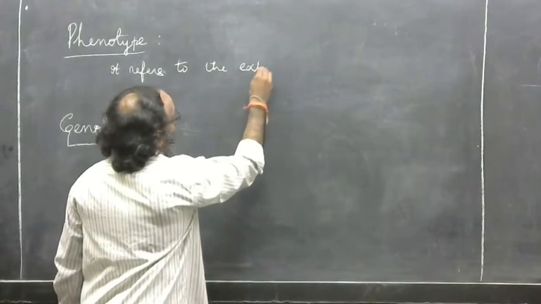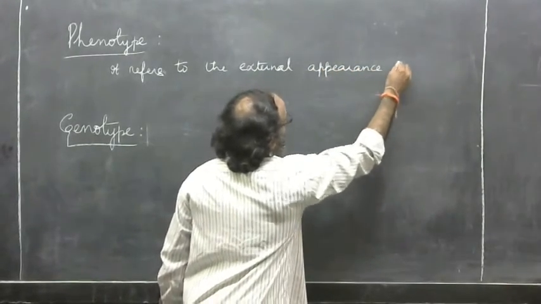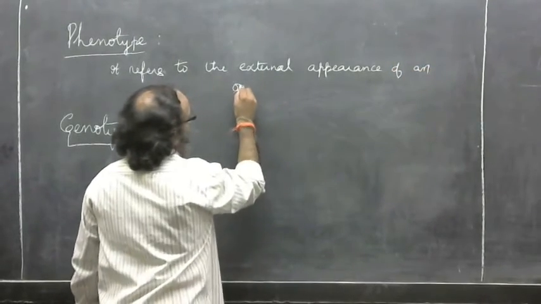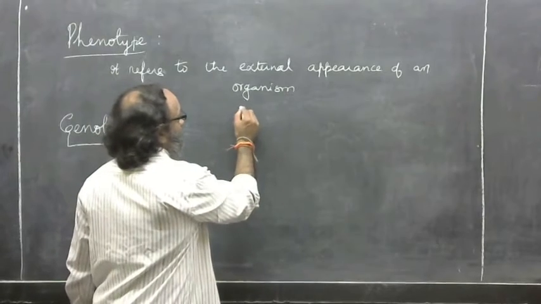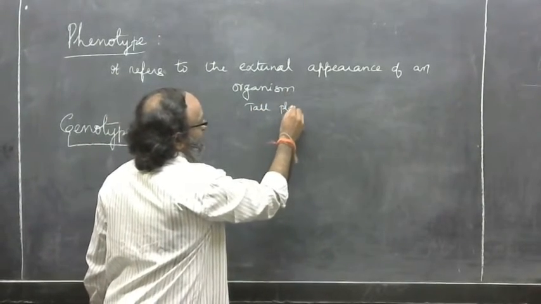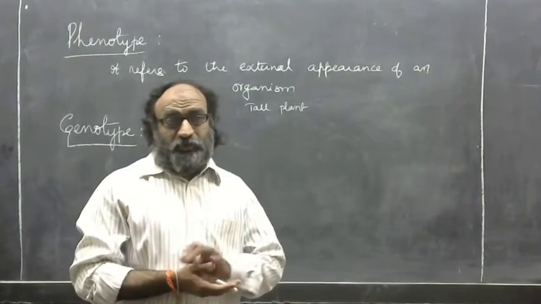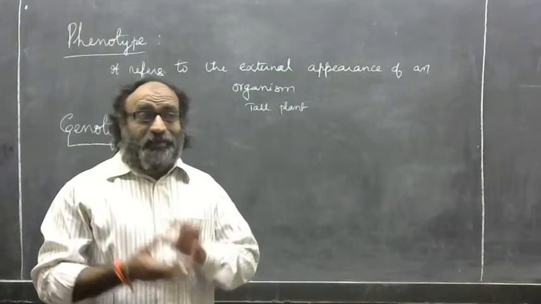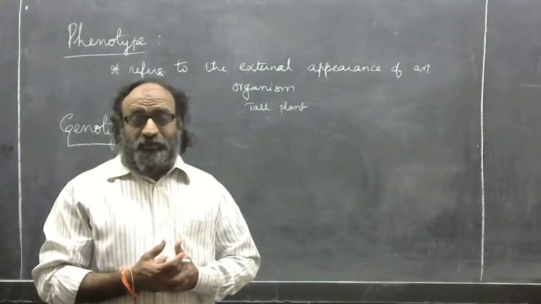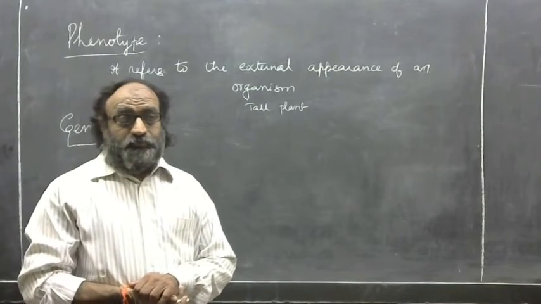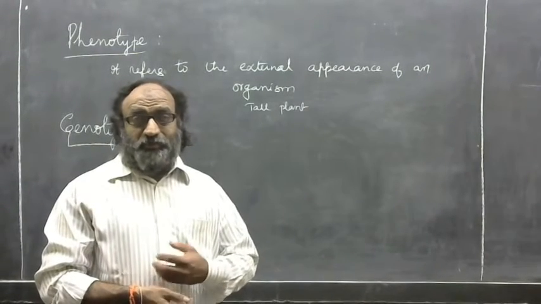Saying that it is a tall plant, but we are not sure whether it is homozygous tall or heterozygous tall. We have not analyzed the genetic makeup of an organism. We have stated the character based on the external appearance. So, the external makeup or the external appearance of an organism or an individual is its phenotype.